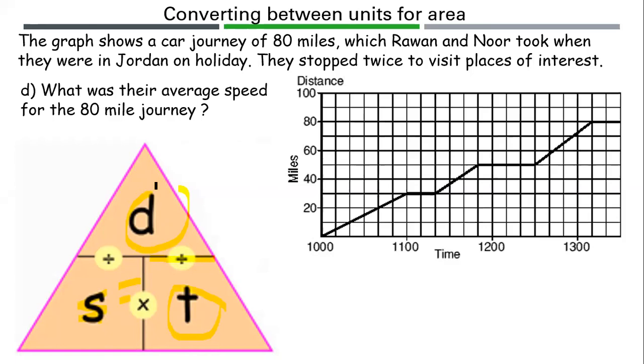If you want to know the distance, it is the speed times the time. If you want to find the time, it is the distance over the speed. So these are some of the rules that you can use with this triangle, as simply as that.